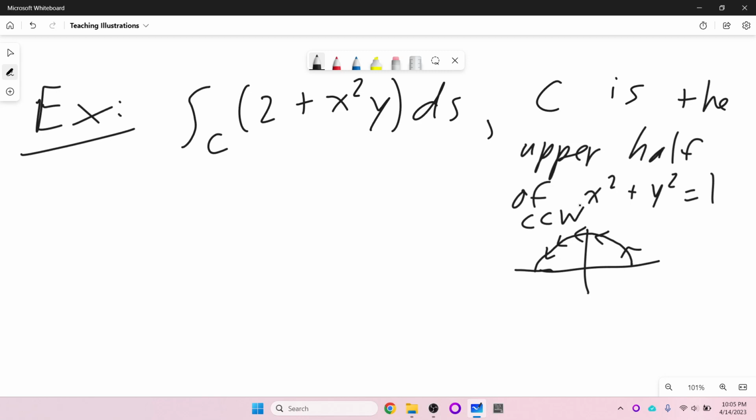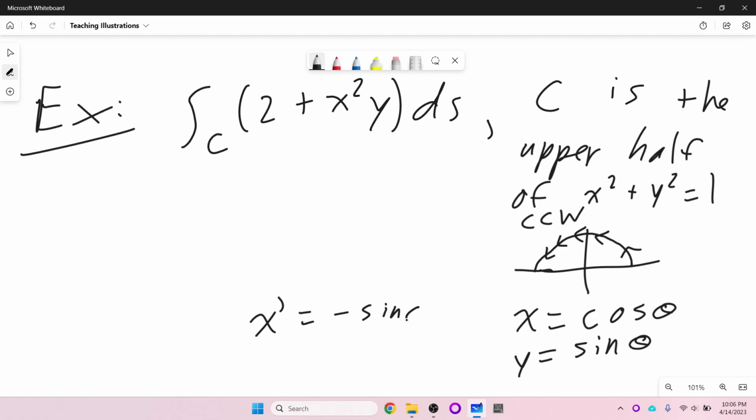So we are following this upper half circle counterclockwise. This means x, hopefully we know this by now, x will be cosine of theta. You can use t if you'd rather, but I'm going to use theta here. y is sine of theta. Then we also need x prime would be negative sine of theta, and y prime would be cosine of theta.